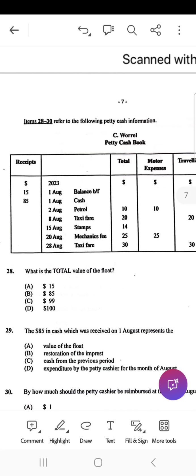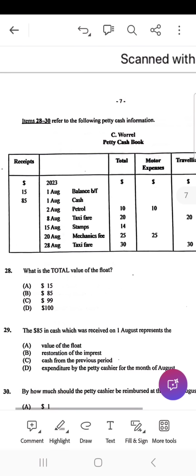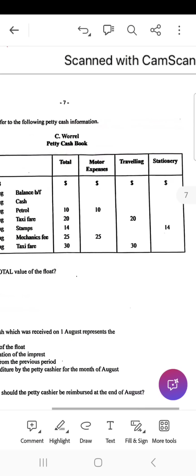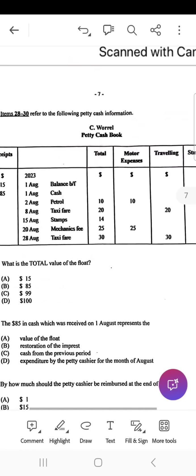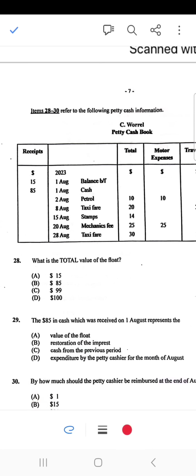Number 28, they give us a petty cash book and they want to know what is the total of the float. So the balance brought forward is 15, and then they gave you $85. So that means the float would have been 85 plus 15, because 85 would have been to bring you back up to the float balance, which is 100.